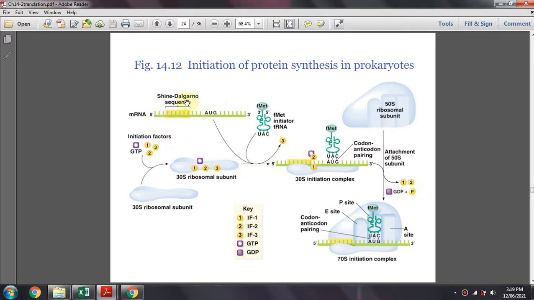So see, this is mRNA. To the Shine-Dalgarno sequence, this yellow color, smaller subunit of ribosome aligns. Okay, then these are the initiation factors IF1, IF2 and IF3. IF2 is associated with GTP.